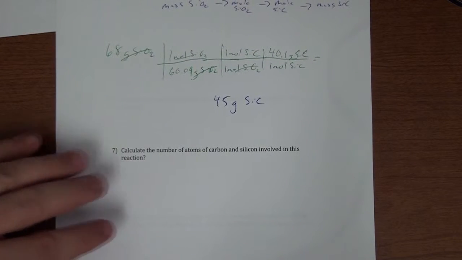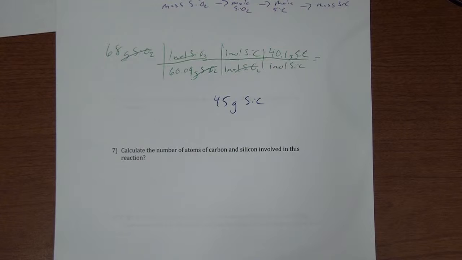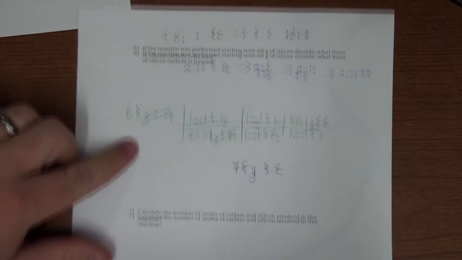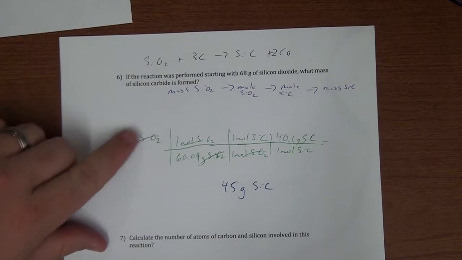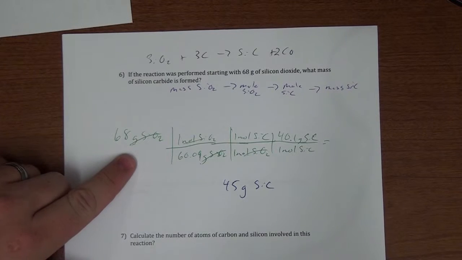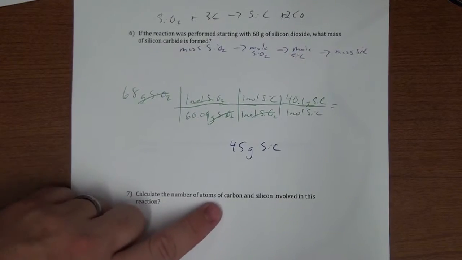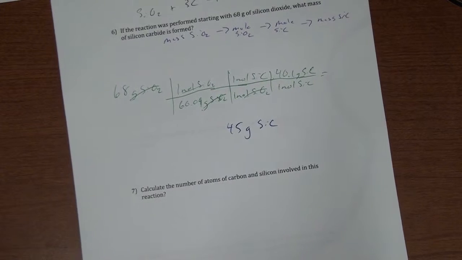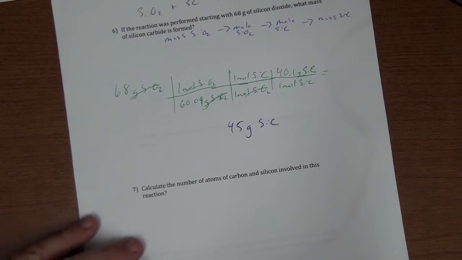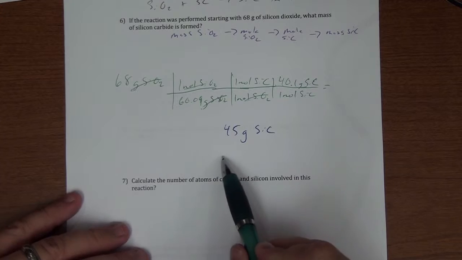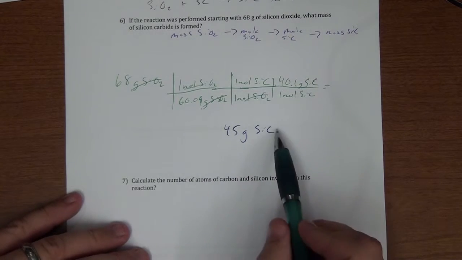Next, calculate the number of atoms of carbon and silicon involved in this reaction. So the reaction we're talking about is up here. So when we react 68 grams, how many atoms of carbon and silicon are involved? Well, if we look here, when we solved this problem, we saw that we formed 45 grams of silicon carbide.